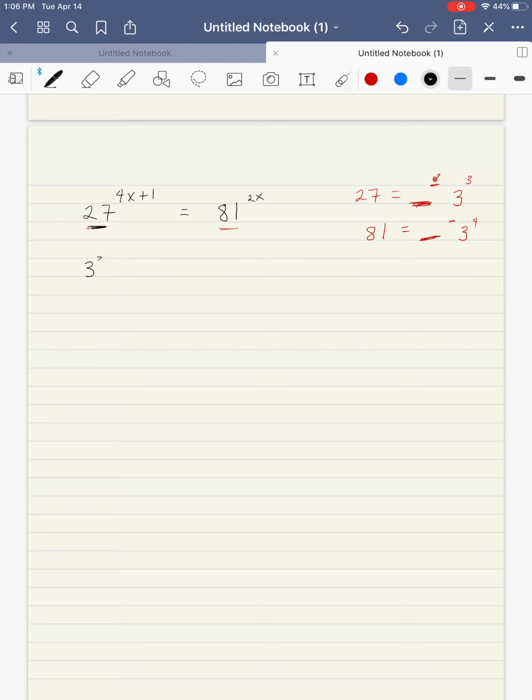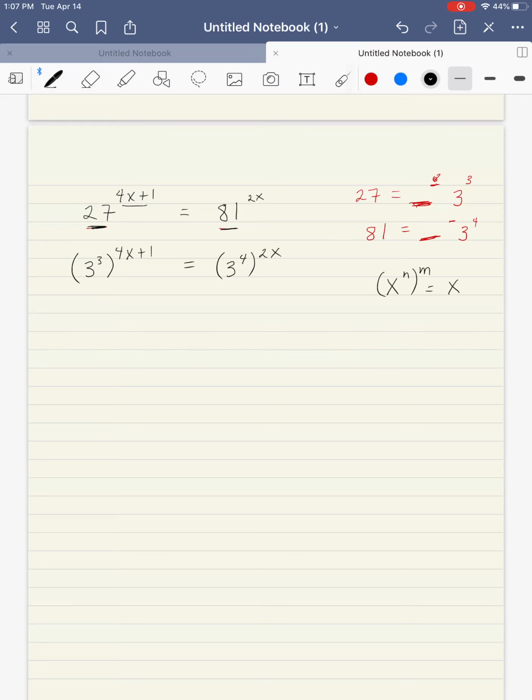So what we're going to do is we're going to replace the 27 with what it's equal to, 3 cubed. But we still have our exponent 4x plus 1. And then we're going to replace the 81 with what it's equal to, 3 to the 4th power. But we still have the exponent 2x.